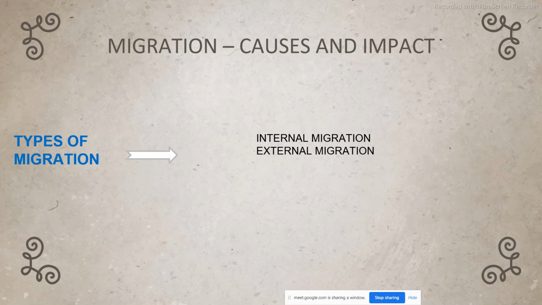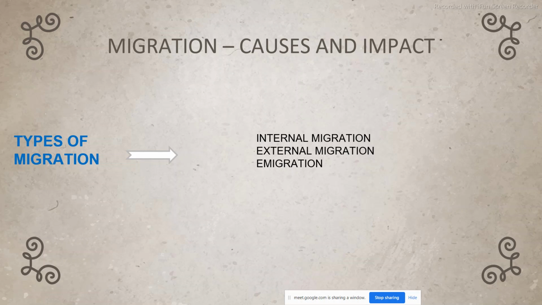If you consider it from the point of view of the continent, then it is internal. But if you consider it from one country to another, then it becomes an external migration, right?